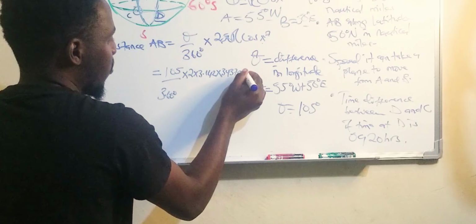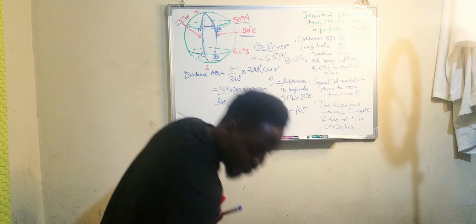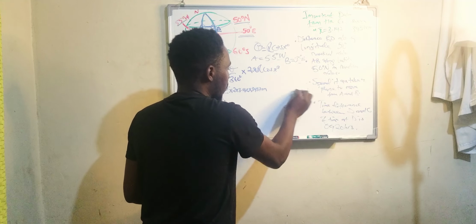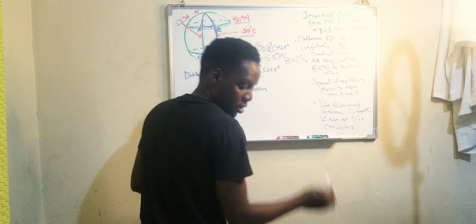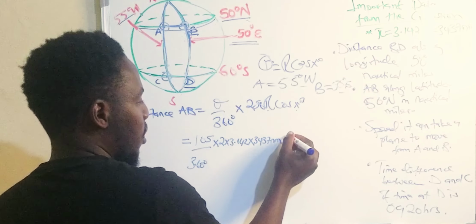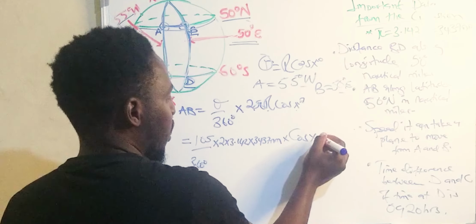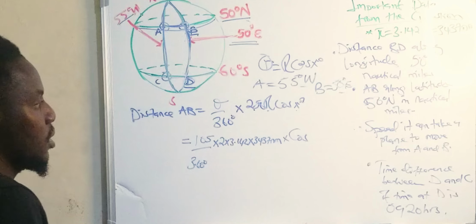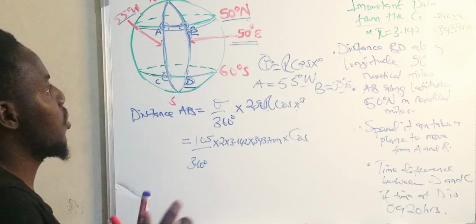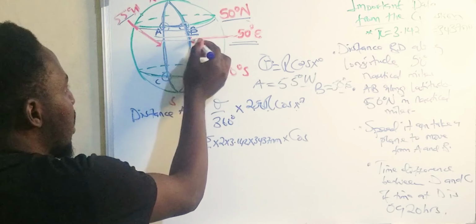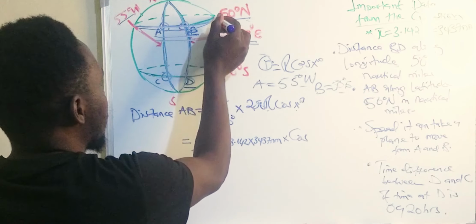So you have theta, 105 over 360 degrees, multiplied by 2 by 3.142 by 3437 nautical miles. Let me remove that so that we have space. You have 3437, which is our R. Now, what is cos x? Cos x is actually the particular latitude on which both A and B lie. They both lie on this latitude there.